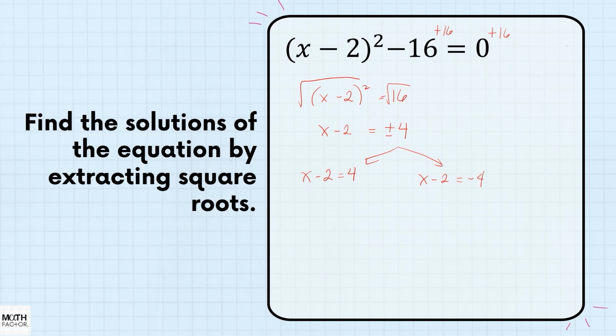For our first value, we will move 2 to the left side by adding 2 on both sides. This will give us x is equal to 6. We will do the same on the second, and the answer is going to be x is equal to negative 2. Therefore, the solutions of our quadratic equation are 6 and negative 2.